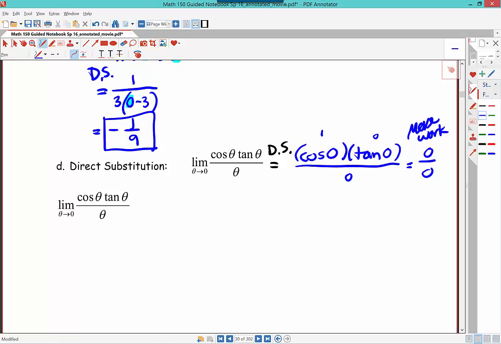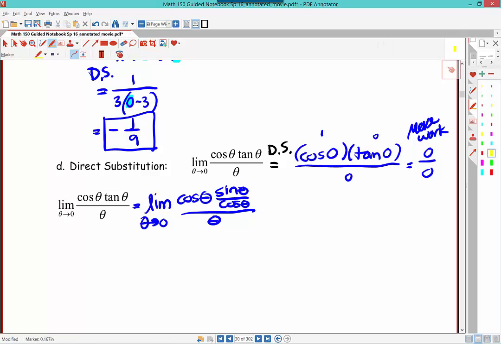So, coming back over here, we'll get the limit as theta approaches 0 of. Well, cosine theta we can't do much with. Tangent theta we could write as sine theta over cosine theta using the quotient identity, and that's all over theta.